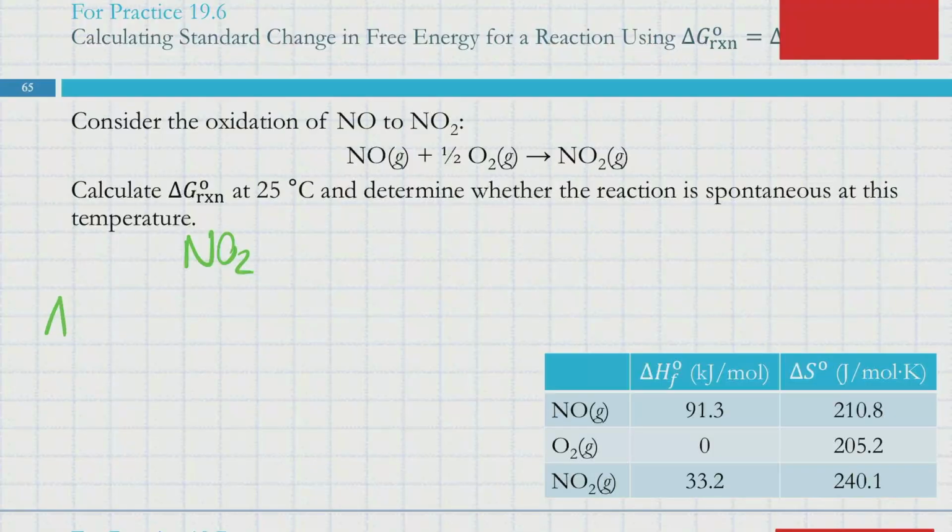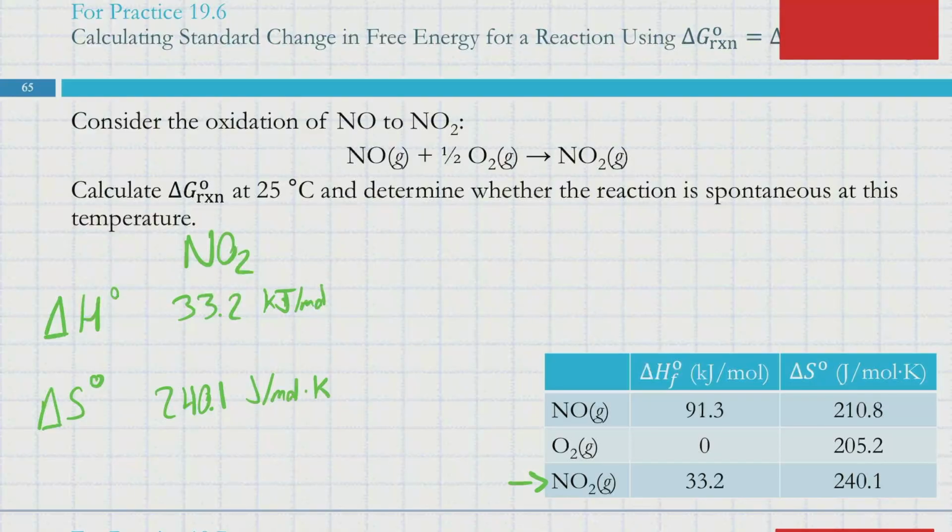So for our delta H and our delta S, our values for NO2 are 33.2 kilojoules per mole, and for delta S, it's 240.1 joules per mole Kelvin.